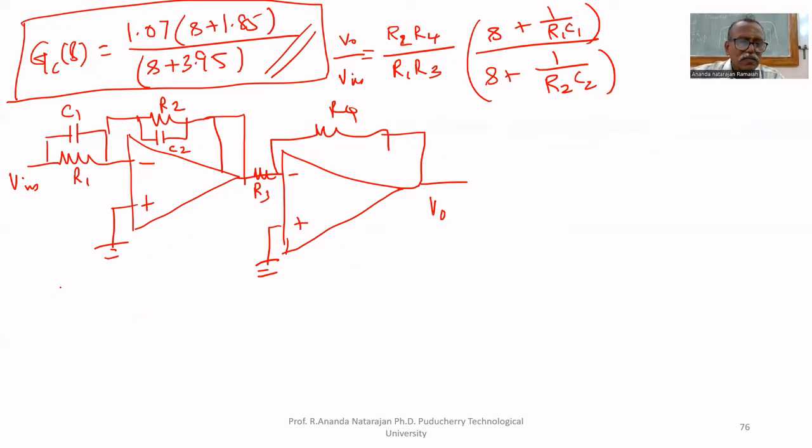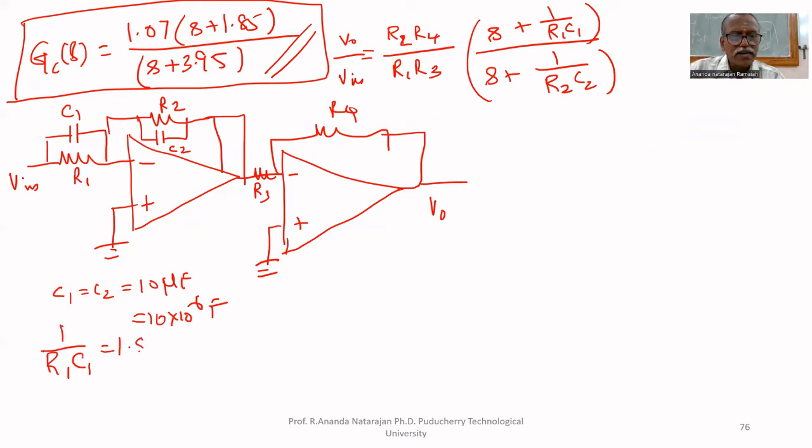Let us assume that C1 equals C2 equals 10 microfarad, that is 10 into 10 power minus 6 farad. Now 1 by R1C1 equals 1.85. But C1 you know, therefore you can find R1. Similarly, 1 by R2C2 equals 3.95, and C2 is 10 microfarad. Therefore, R2 also you can find.